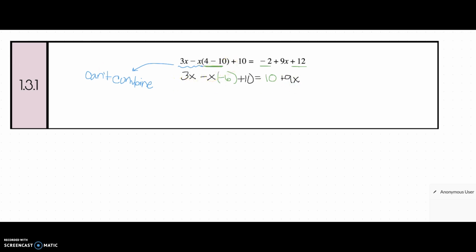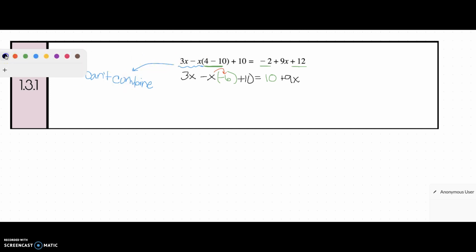So now I can do that distribution that I did not do in the first step. So I just have to distribute once this time. If originally you wanted to distribute twice, you could have done that as well. You'll end up with the same answer either way.